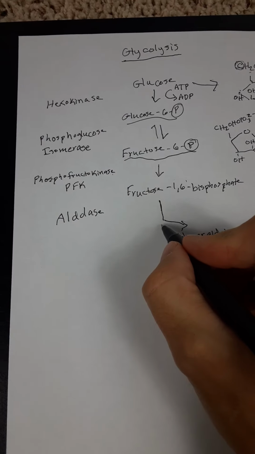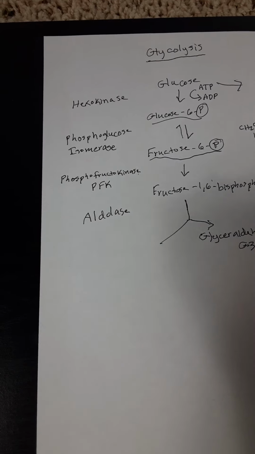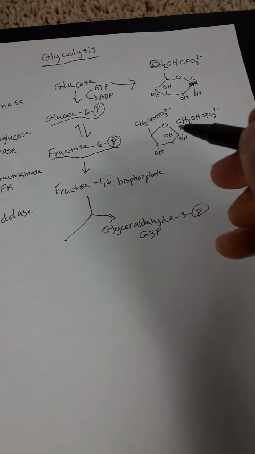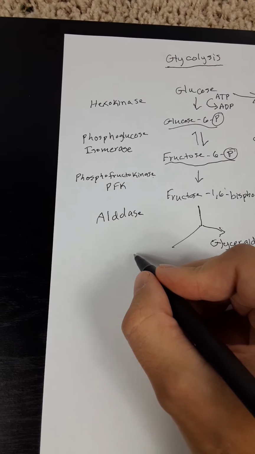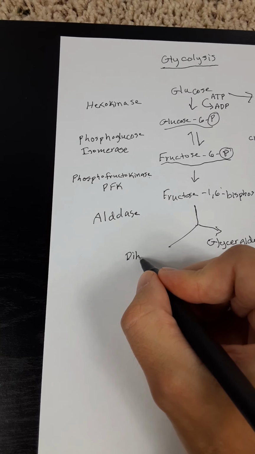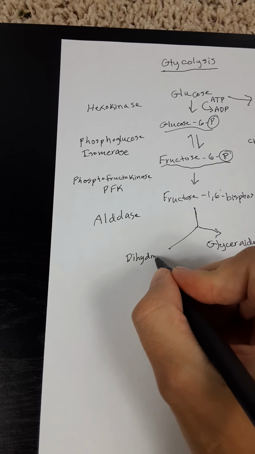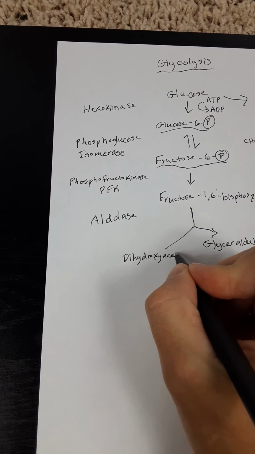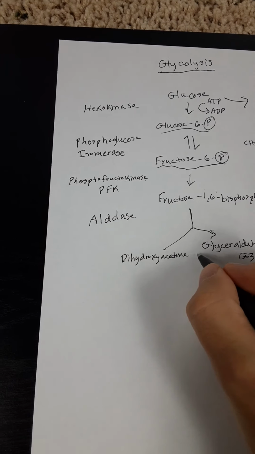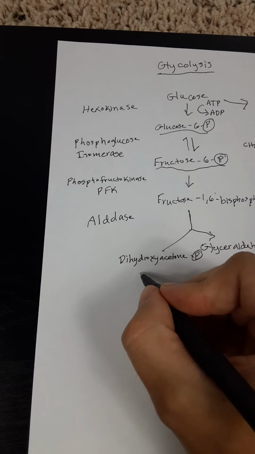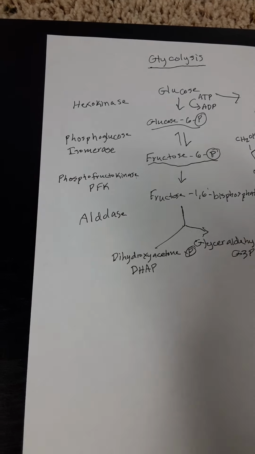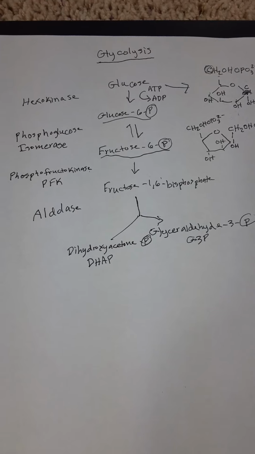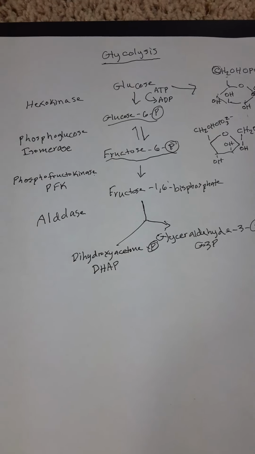It's a lot easier. It's also the other side of the structure because, again, we're cutting it down the half of the structure here. The other half of it is going to be another big word, dihydroxyacetone phosphate. Now, we can also call this DHAP for dihydroxyacetone phosphate.